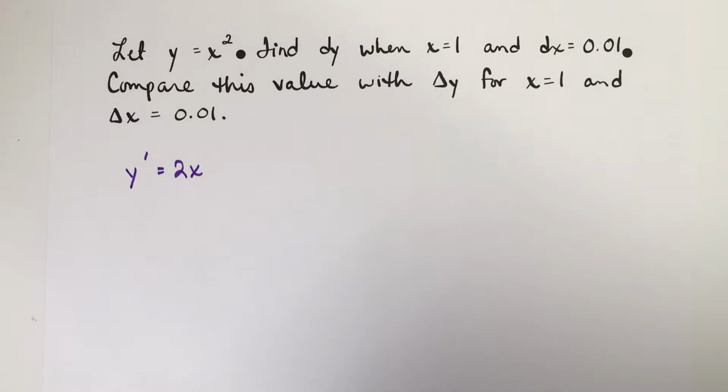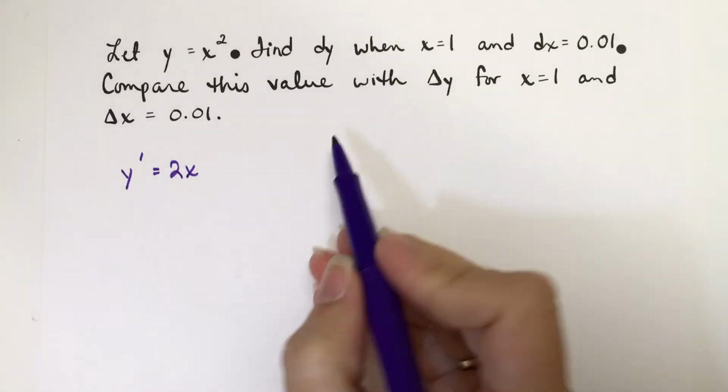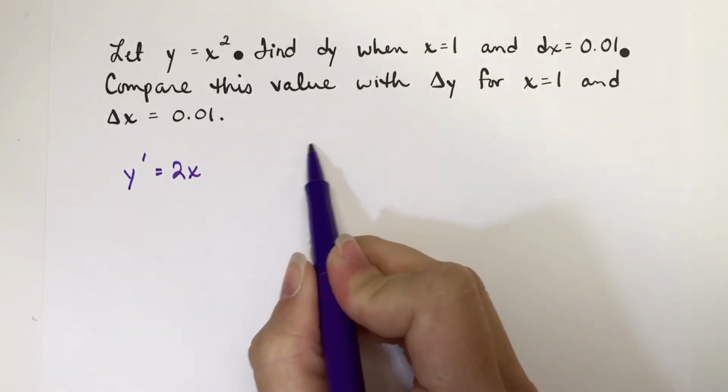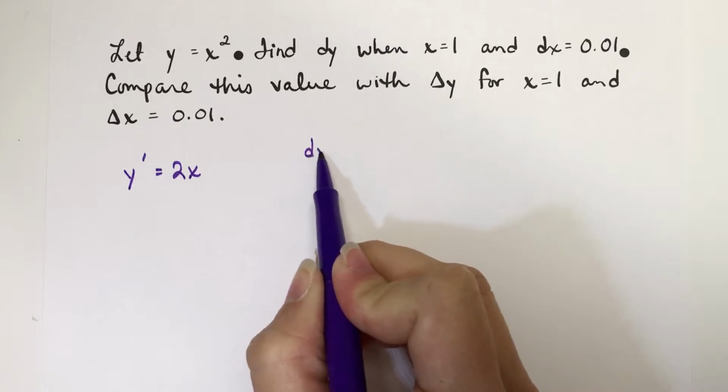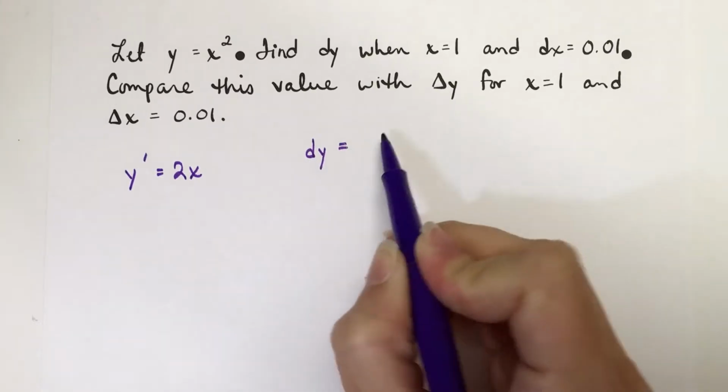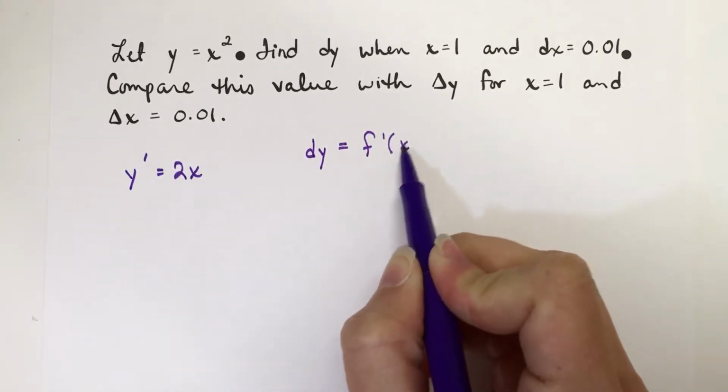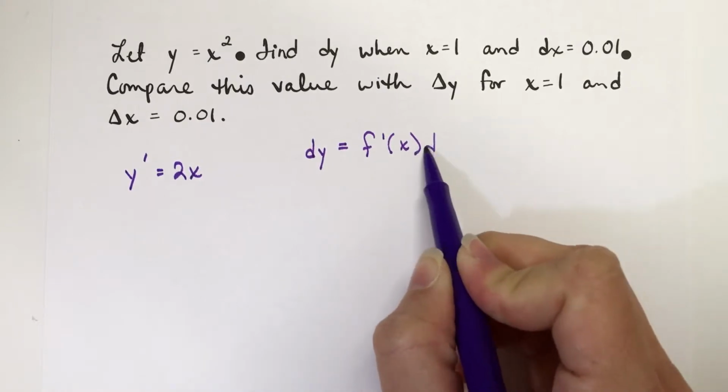Now, they're wanting you to compare your dy and your delta y, okay? So I gave you the equation just a few minutes ago. It doesn't matter which one we do first. I'm going to say dy. That's going to be equal to f prime of x dx.